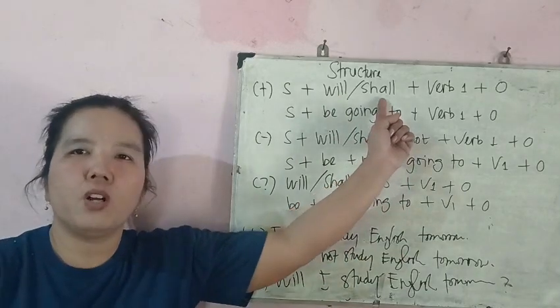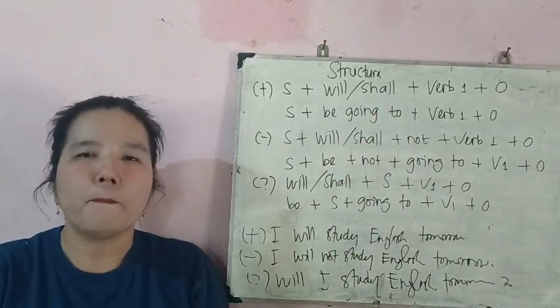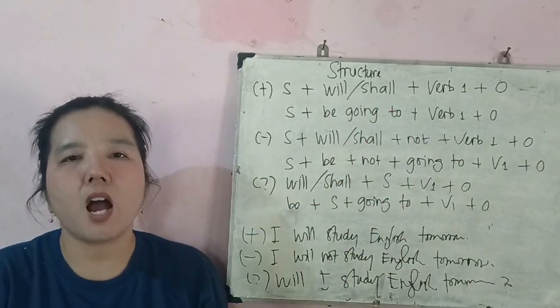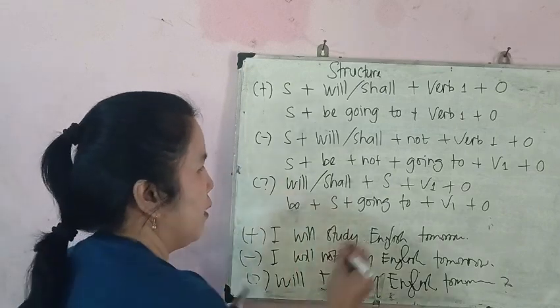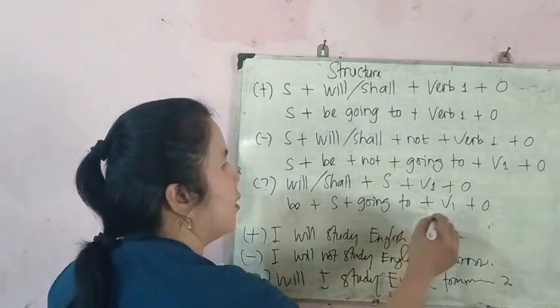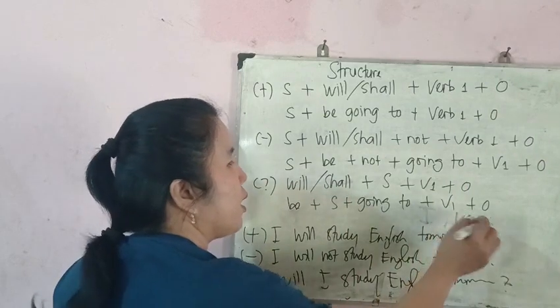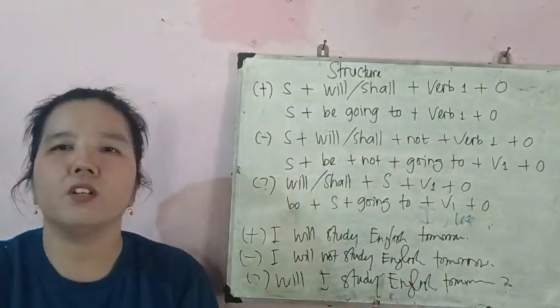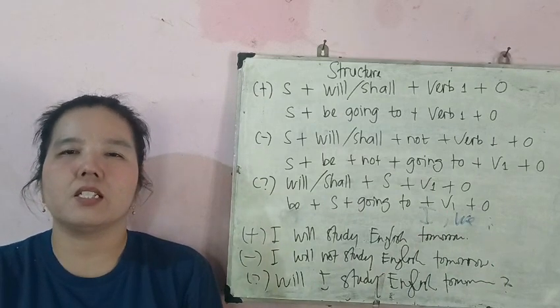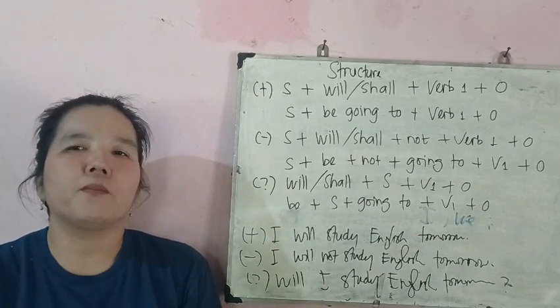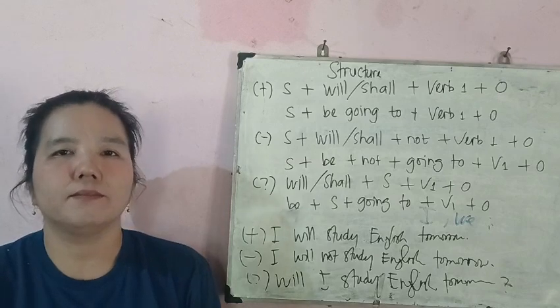Meanwhile, shall is usually used more for subjects I and we. I shall, we shall. For those who are used to speaking English using a more formal British style.